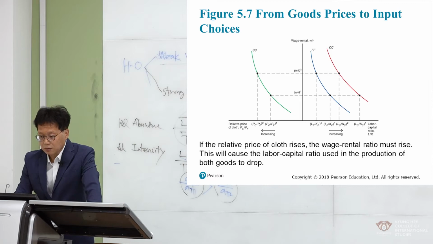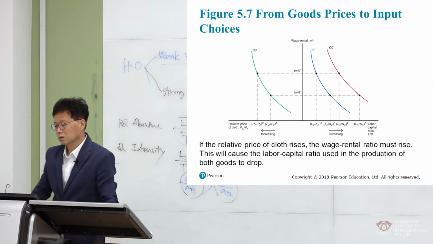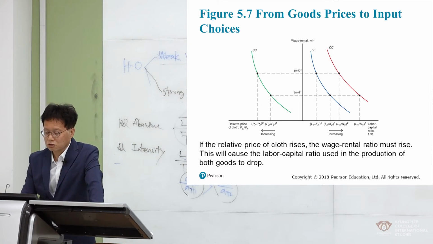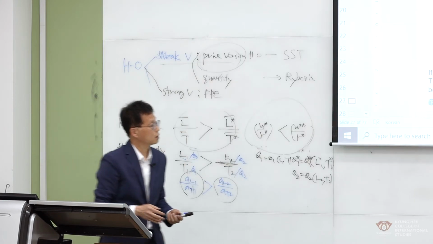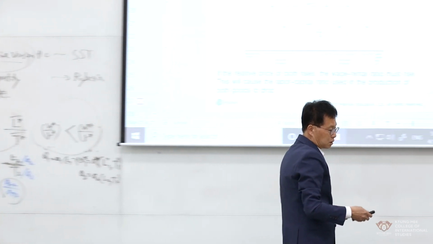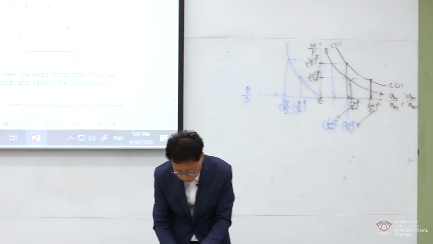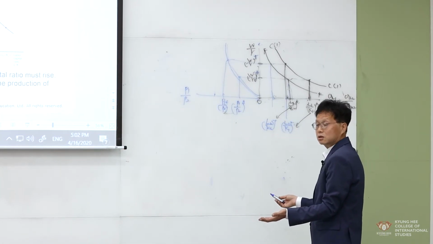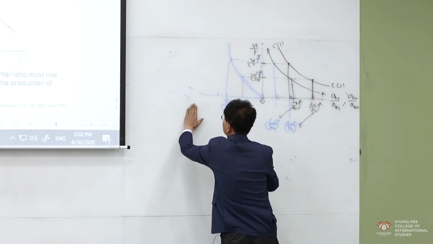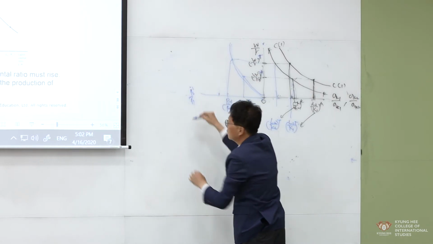Got it? Sometimes I'll ask you in the midterm exam to graph everything in this graph, because I really want to check your full understanding of this. Sometimes the P1 over P2 variable changes like this.